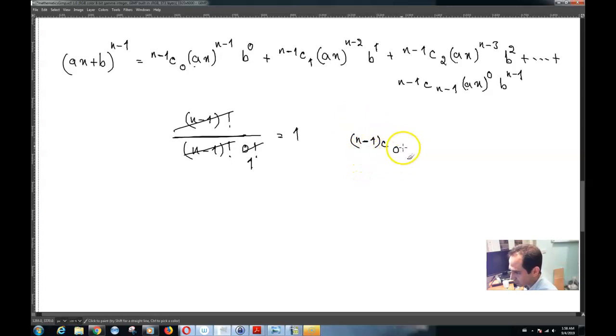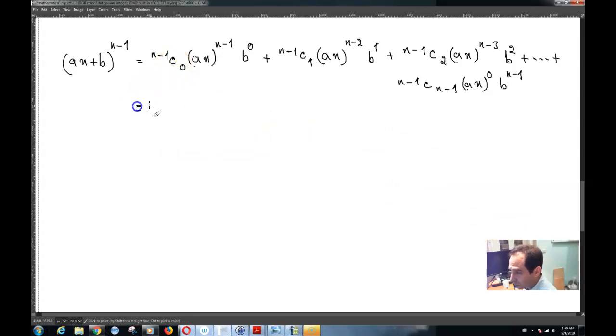So there is only one way of doing that, meaning that you actually don't do it. There is only one way of not doing it, or taking 0 objects out of n minus 1 objects. Of course, this is just a definition, and that is equal to 1. Okay. So n minus 1 combination 0 is equal to 1.